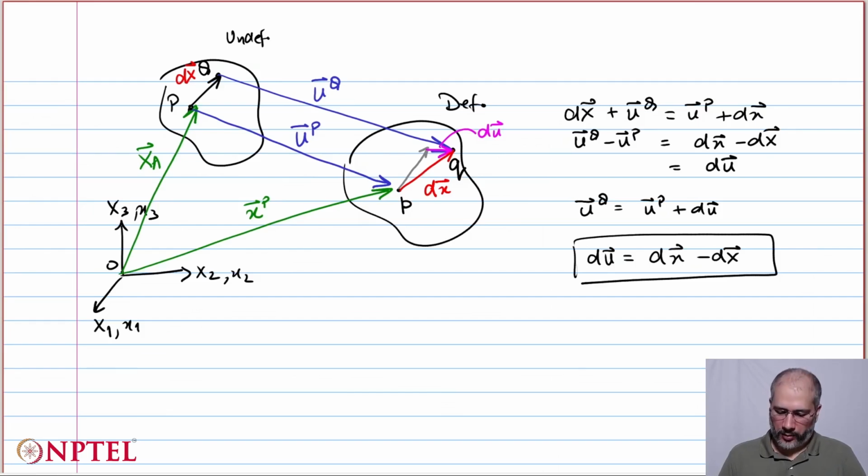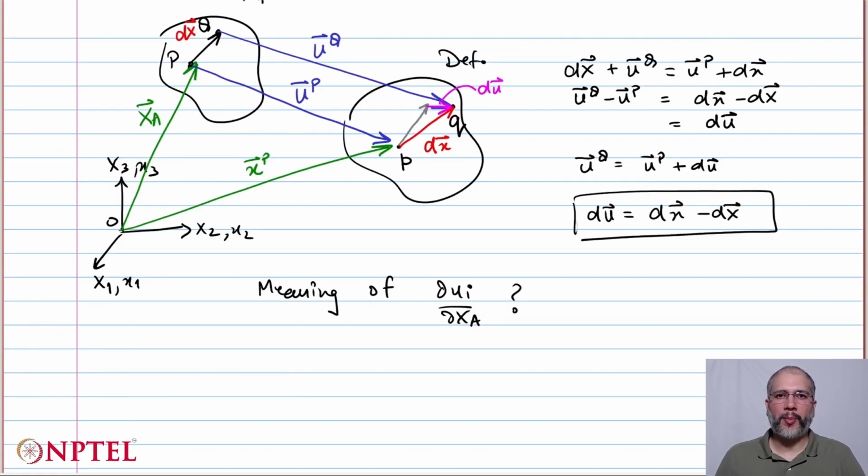Right, so coming back, what we're trying to understand is the meaning of the quantity del u_i by del X_A. So capital X is the material coordinates and X_A is basically a component in the material coordinate. So let us say we try to understand this in terms of X_1.